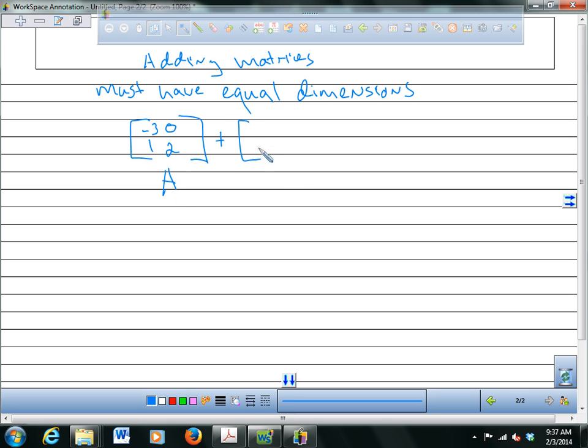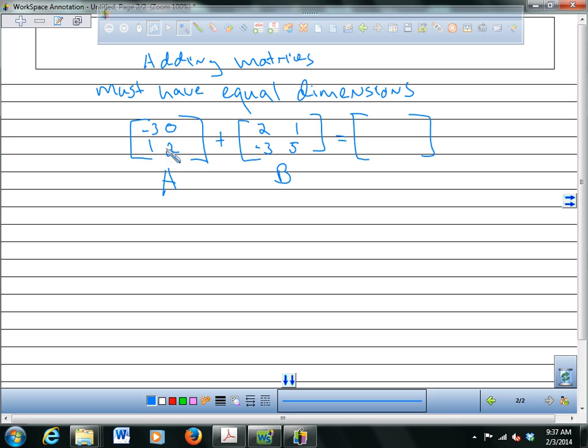Plus matrix B. I know some of you know how to do this on your calculator already. I'll show you at the end of the period. 2, 1, -3, and 5 equals what?